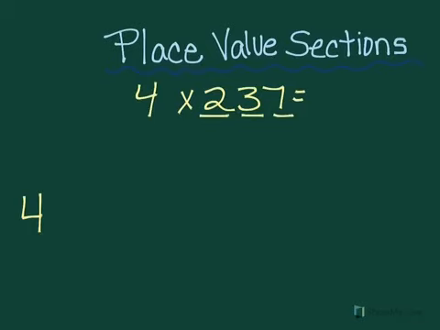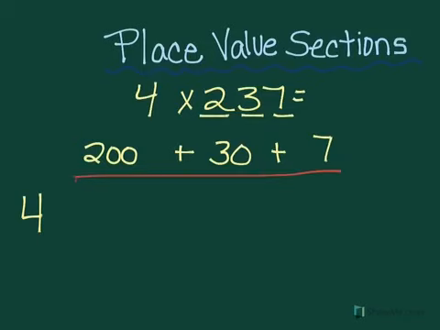So the 2 is 200 plus the 3 is 30 plus, of course, 7 ones. I'm going to draw my place value sections by making an area model using my rectangle, of course.